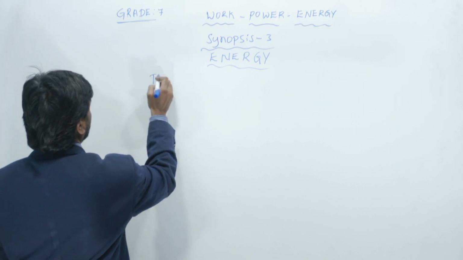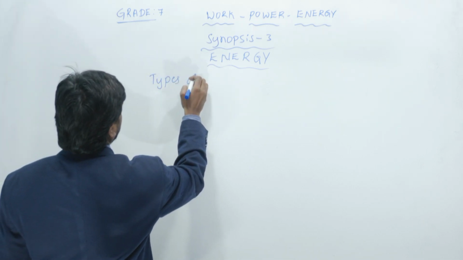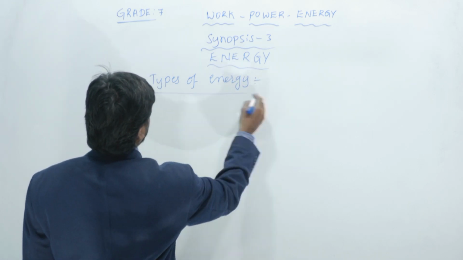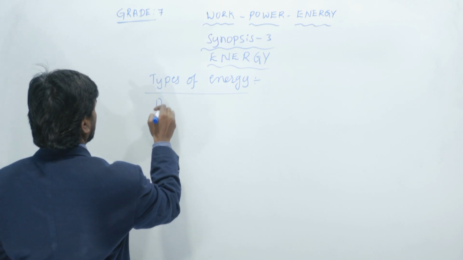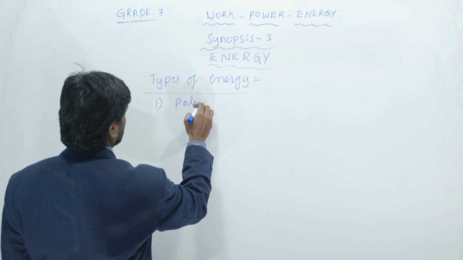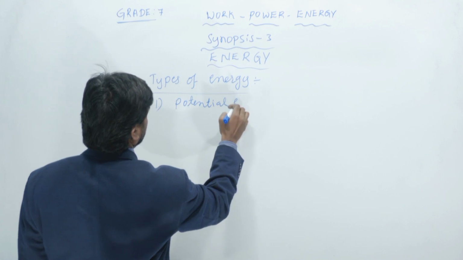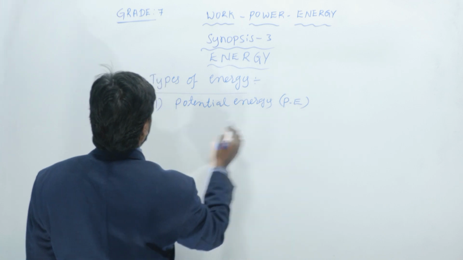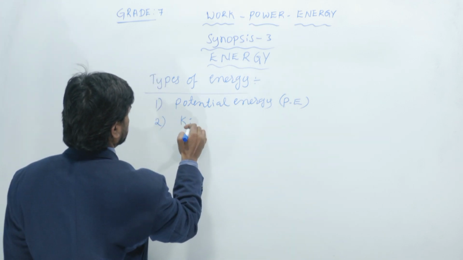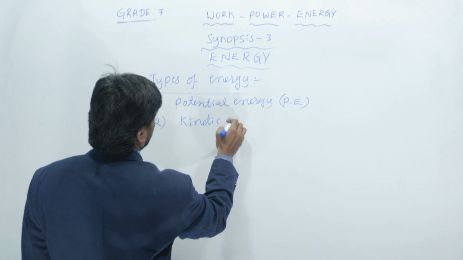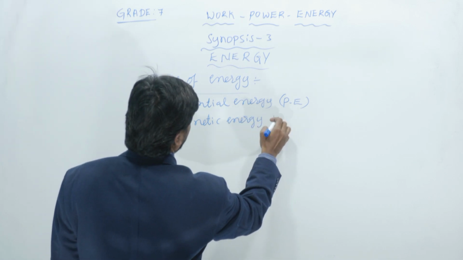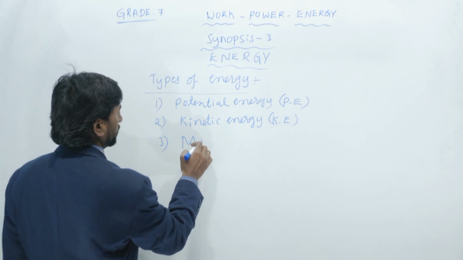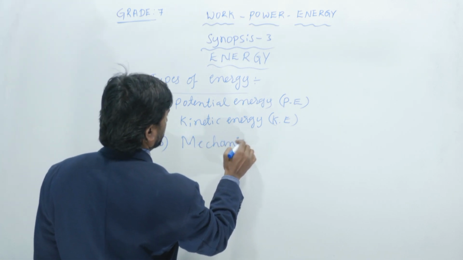So, types of energies. Basically, the first one is the potential energy, known as PE, the second one is the kinetic energy, known as KE, and the third one is the mechanical energy.